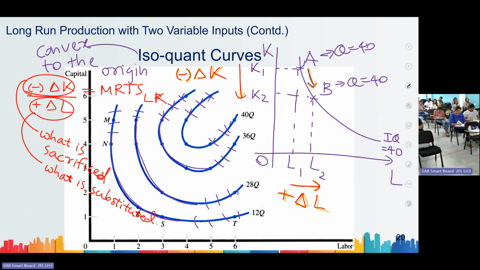So the slope simply measures what is sacrificed divided by what is substituted.